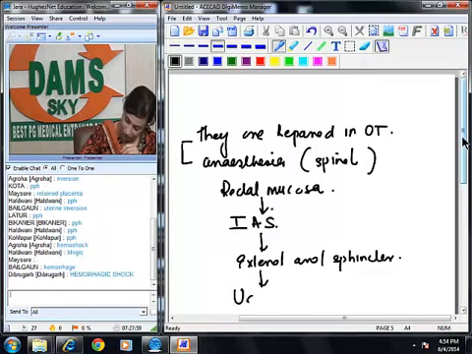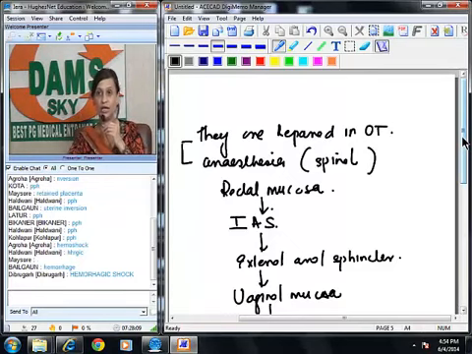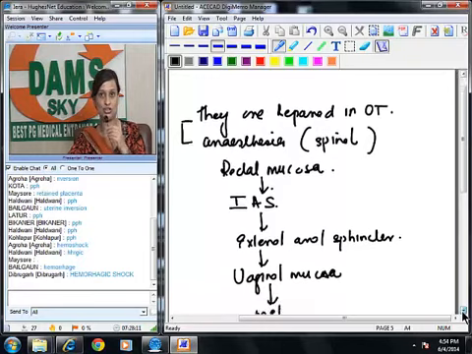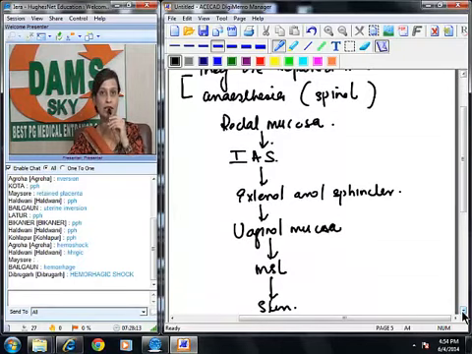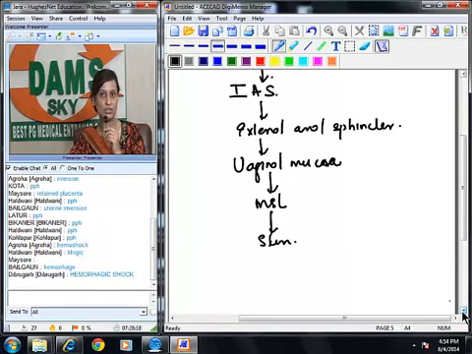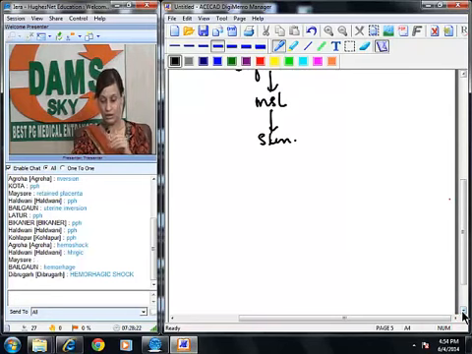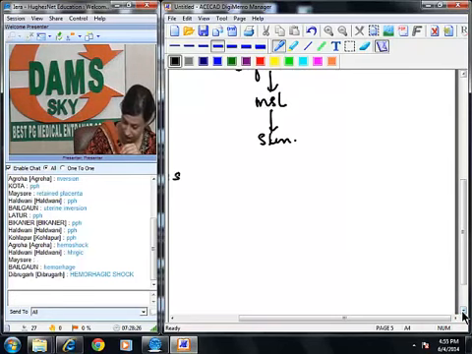Then vaginal mucosa, then the muscles, and finally the skin. So this is the order in which we repair these structures: rectal mucosa, internal anal sphincter, external anal sphincter, vaginal mucosa, muscle and skin, right? Now this was about the tear. Now there is something called episiotomy.